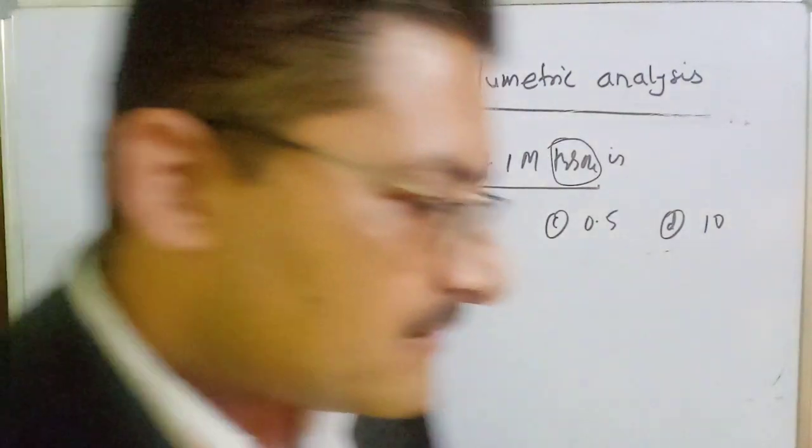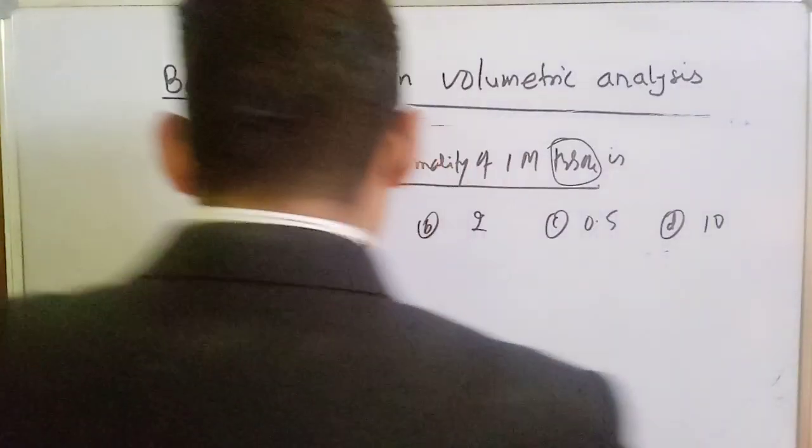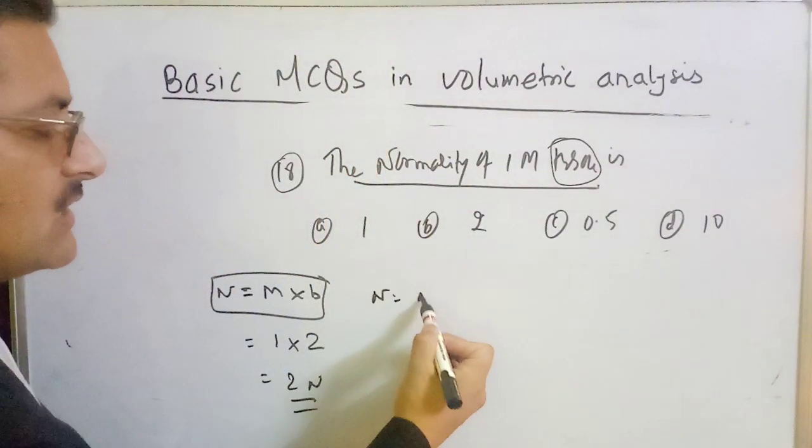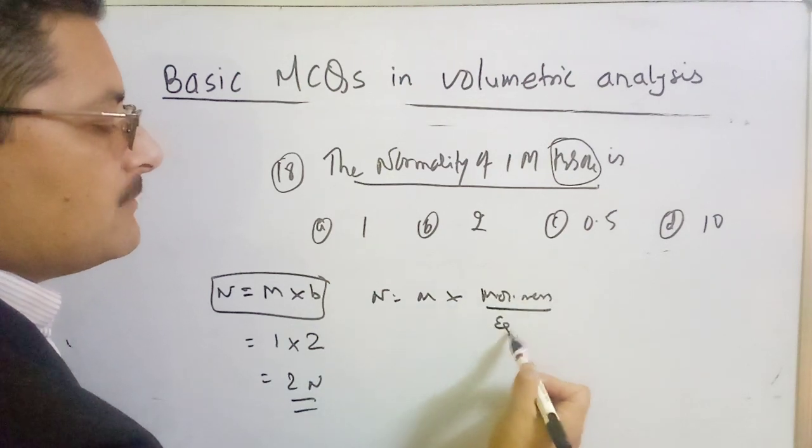So normality of any kind of acid, if you want to find from molarity, then you must have the relationship that normality equals to molarity into basicity, or normality equals to molecular mass upon equivalent mass.